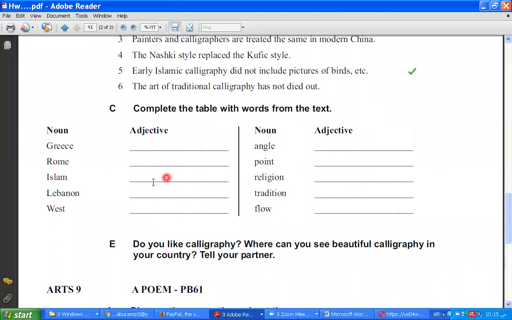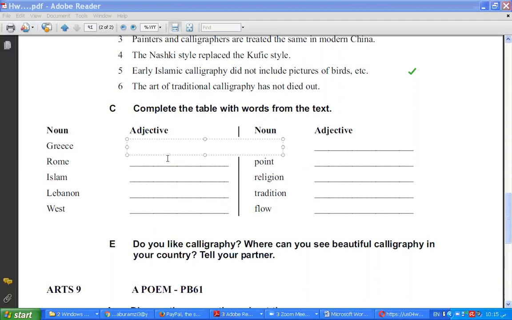The next page. The test usually draws from this, like we said, changing from noun to adjective. So here, Greece: how do you say it as an adjective? Greek. Roman. Islam, Islamic.